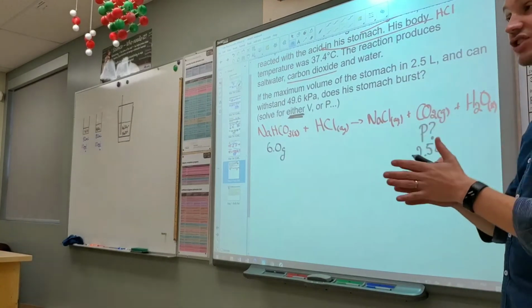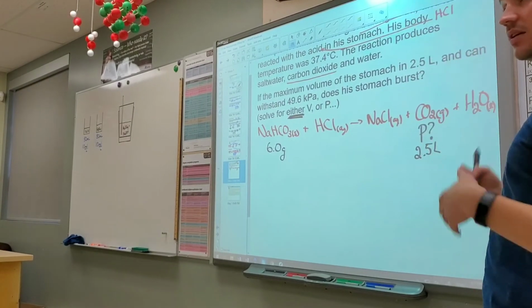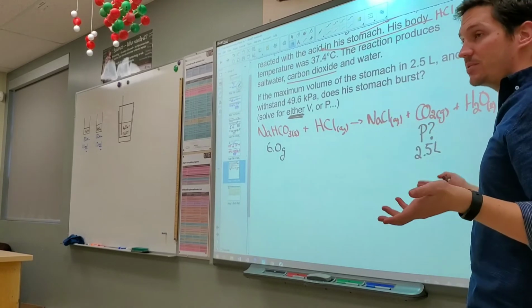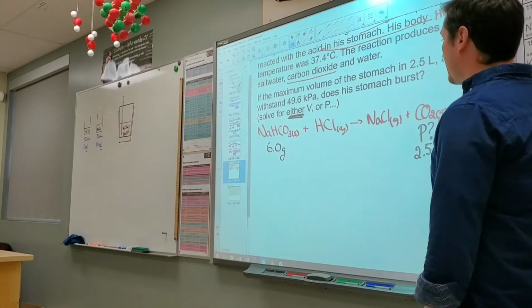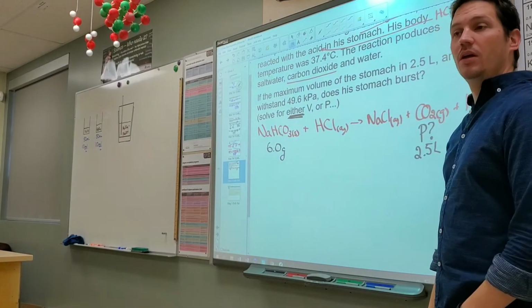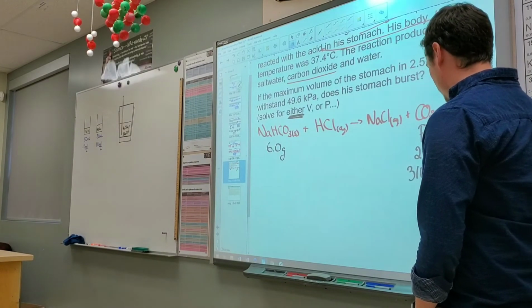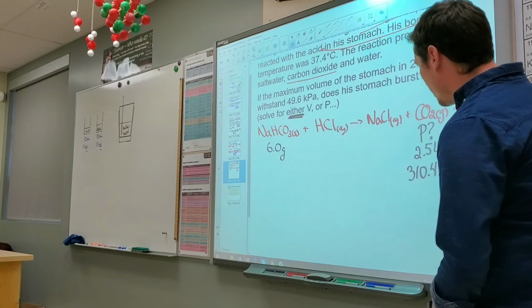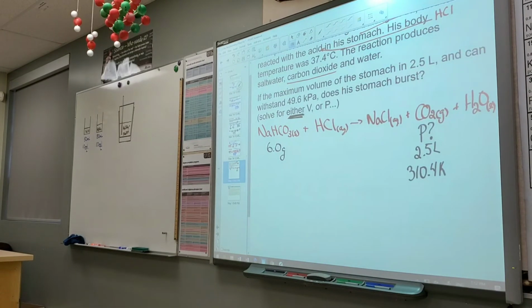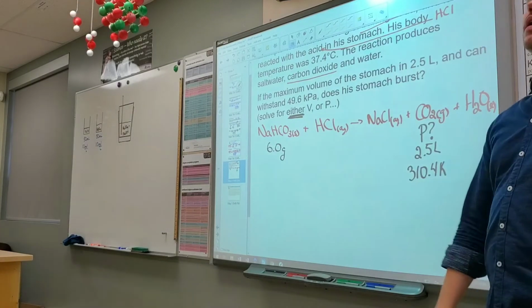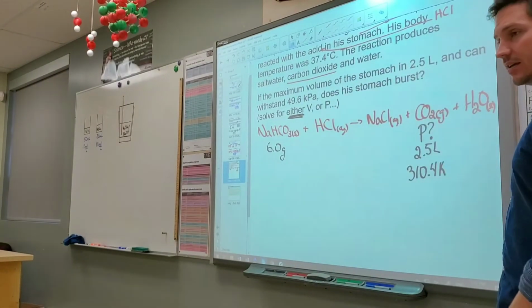So let's change that to Kelvin, because if that's the temperature of his body, then that's the temperature the gas will be inside his body. 310.4. 49 kilopascals, 310.4 Kelvin. Perfect. Let's think about this for a second.